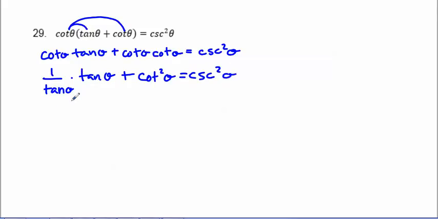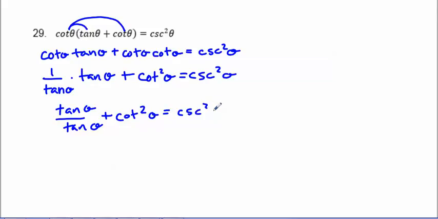So this is going to simplify to tan theta over tan theta, which will eventually become 1, and it's tempting to skip all of this, but your format is very important in trig identities, so you need to bring everything down. So finally, I have 1 plus cotangent squared theta equals cosecant squared theta.